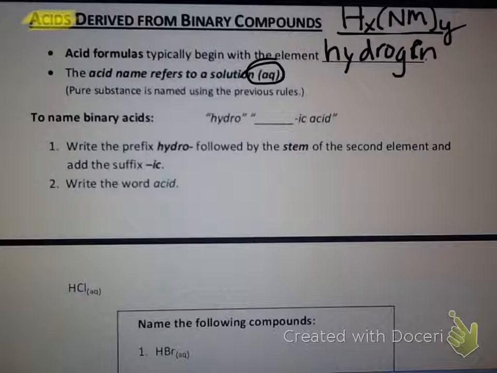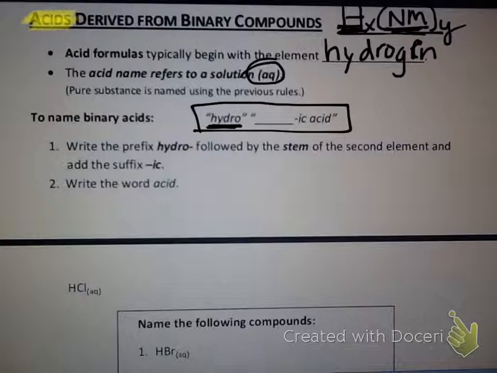We're going to use the word hydro as a prefix to indicate the hydrogen bound to our non-metal. So we're going to say hydro, and then we're going to put the stem of the non-metal name followed by the suffix ic acid.